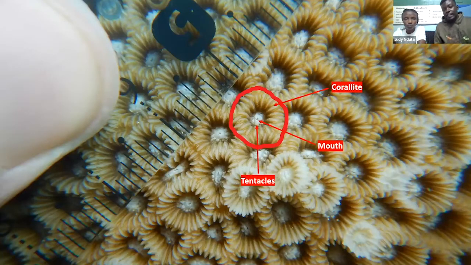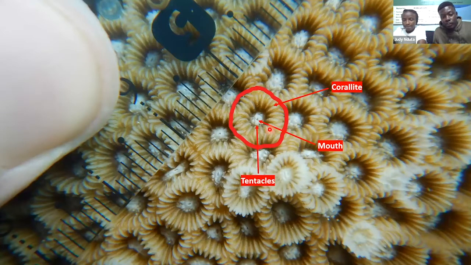So let's look at an actual coral that's different from the diagram I've just shown you. If we look at the red circle here, we see that a coral polyp has been circled. On the outside, we have the corallites, which is once again the calcium carbonate skeleton.